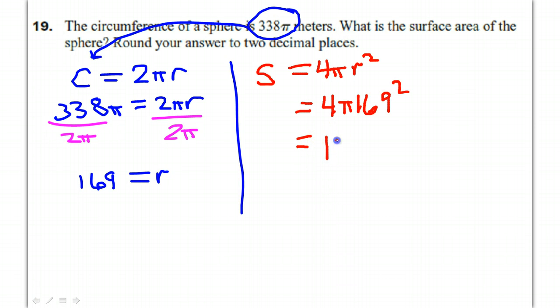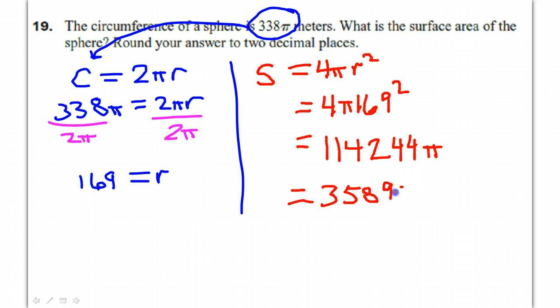So that would be 114,244 pi, or this. Okay, any questions about number 19?